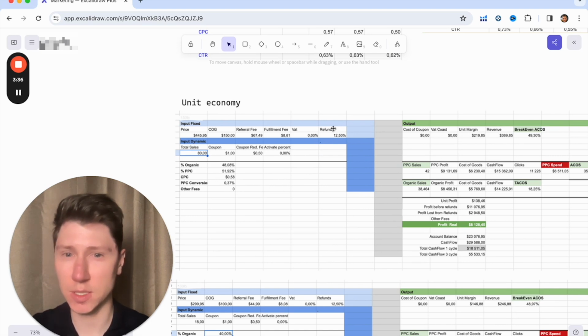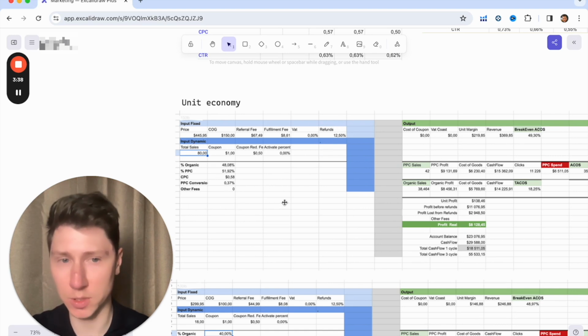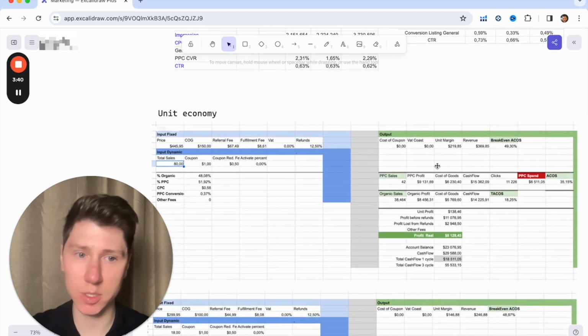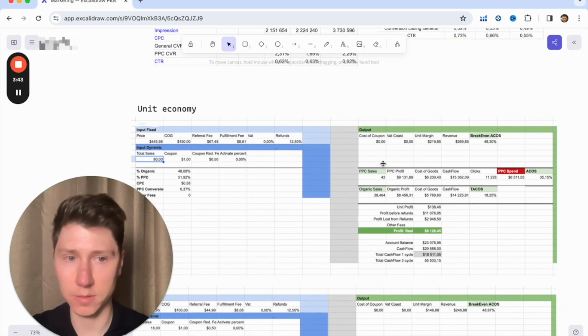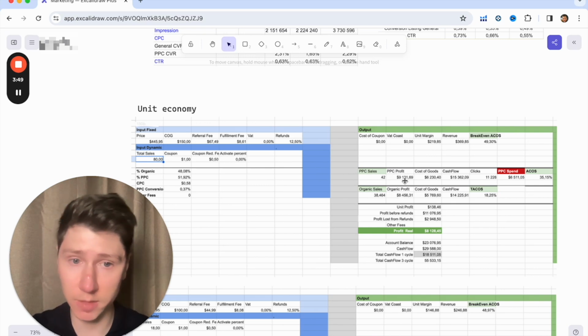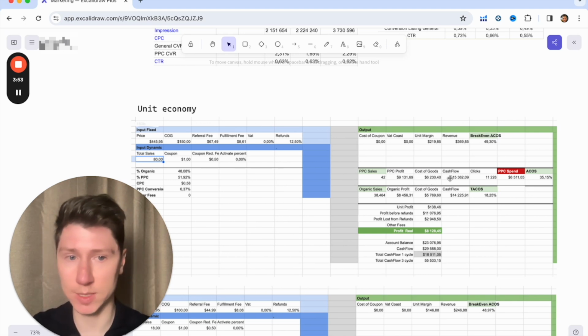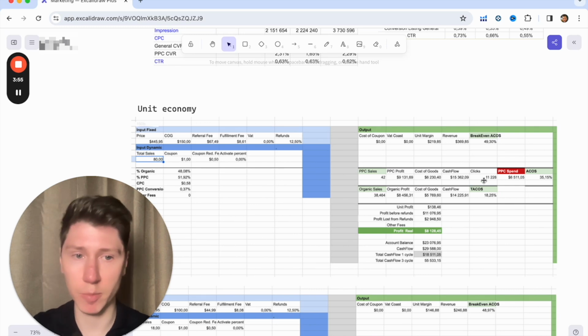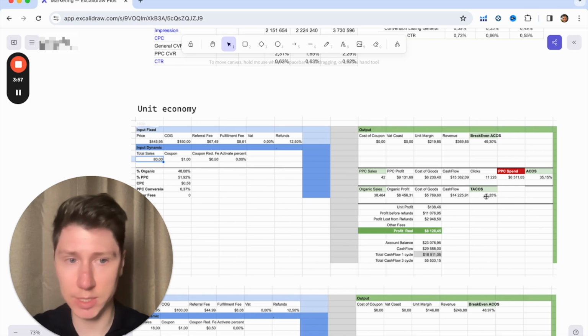These are just the most important metrics, and from these metrics we can calculate all the resulting data, like what will be the PPC sales, organic sales, what will be profit from organic and from PPC, cost of goods sold from organic and PPC, what is the cash flow needed for that, how many clicks we're going to get, what will be the ACOS, PPC spend, and so on.